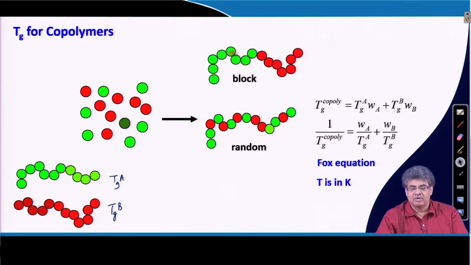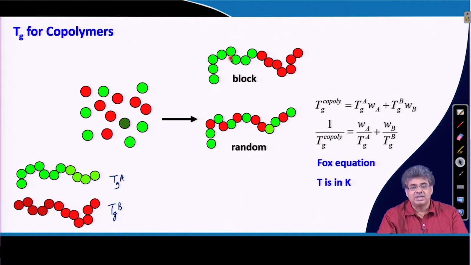If I have a block copolymer, then what will be the Tg of the block copolymer? This Tg depends on the miscibility behavior of the two blocks as shown here. If the two blocks are completely miscible with each other, then the resulting Tg will be obtained by this expression as well.